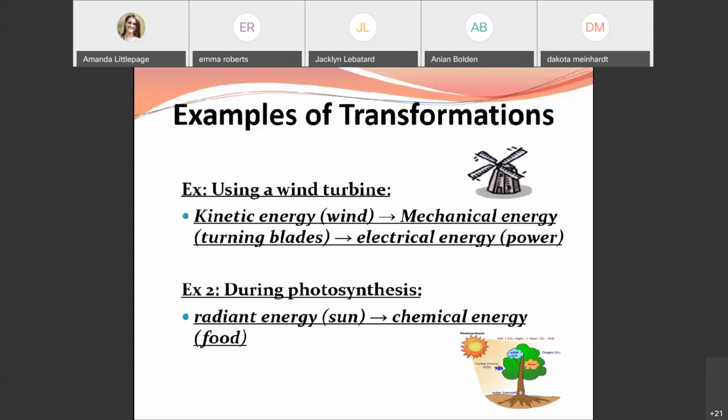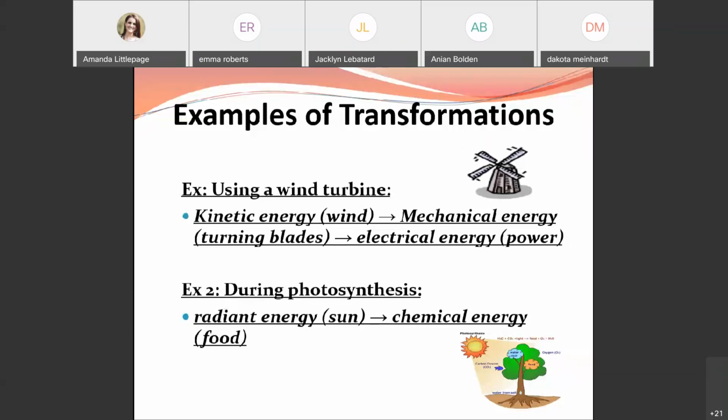That is then transferred into the form of mechanical energy. So the wind is the kinetic. As the blades spin, that is mechanical energy. And as they spin, it causes electrical energy to be generated in a turbine inside the wind turbine. And that generates electrical power that can then be used in houses and places like that.